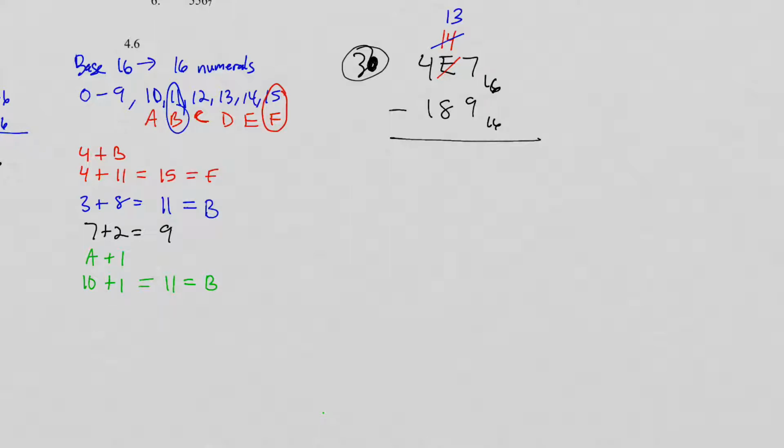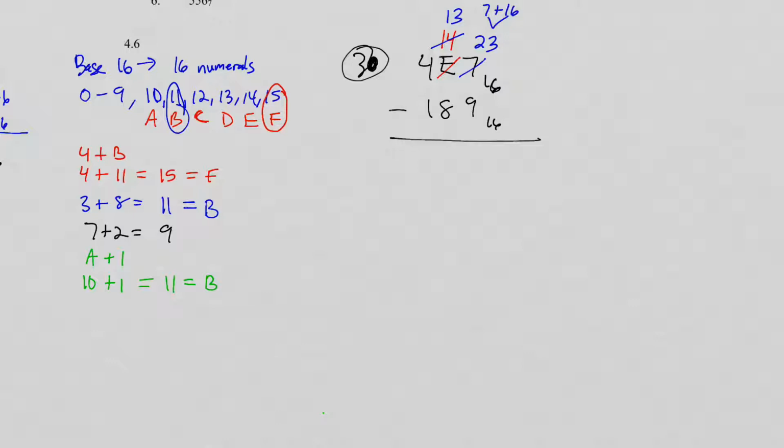Then we're taking that set of 16 that we borrowed from the 14, we're going to add it to the 7, and 16 plus 7 is 23. And where did that 23 come from? 7 plus 16, okay?